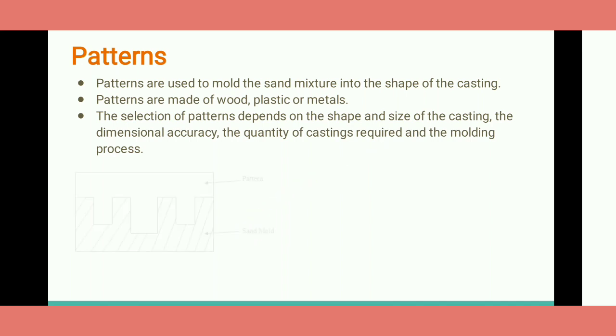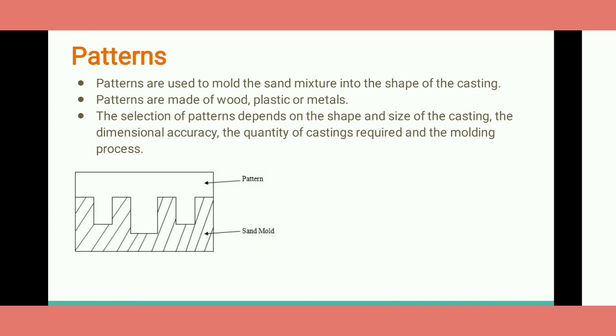From this figure we can understand that this is the pattern, and this is the shape that is required, that we will get at the end from the casting. This is the molding set that we are preparing accordingly, and here we are using a parting line.